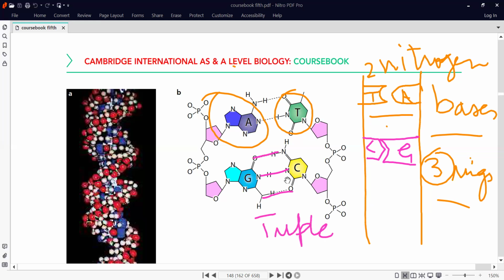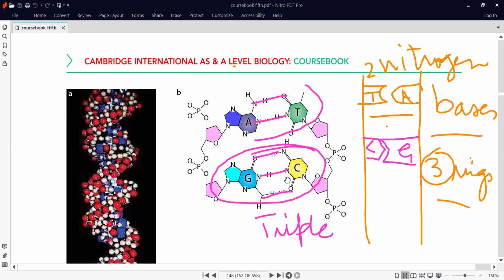Triple hydrogen bonds in between C and G. And you can see here, there are double hydrogen bonds in between T and A. That's why they cannot switch T with C, because T has double hydrogen bonding in its molecular structure, and if we replace it with C, then one bond of the C will be left empty. There will be no one to accompany it.